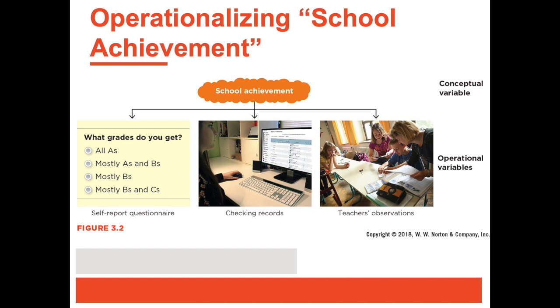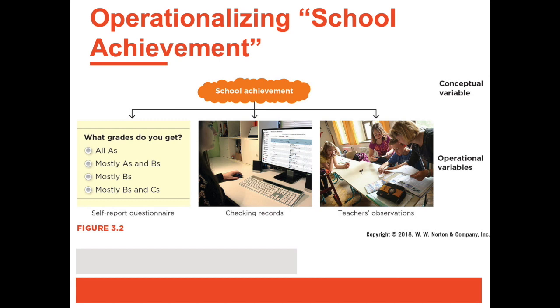This last example is a teacher's observation. So you could actually ask the teacher how they're doing. A lot of science will actually use all 3. If it's a really important variable, they'll use all 3 to try to understand really what the school achievement is, because not one of those will perfectly tell us.